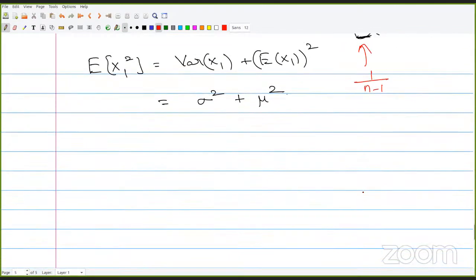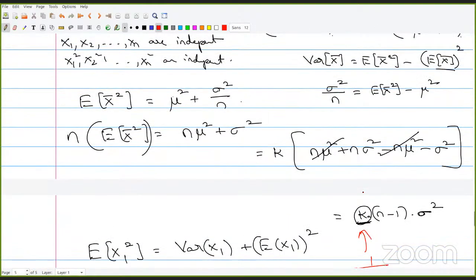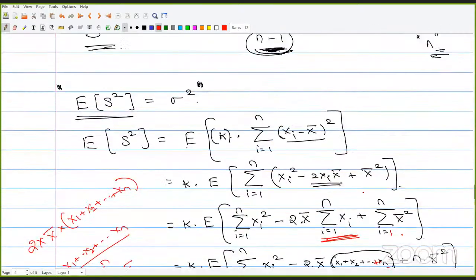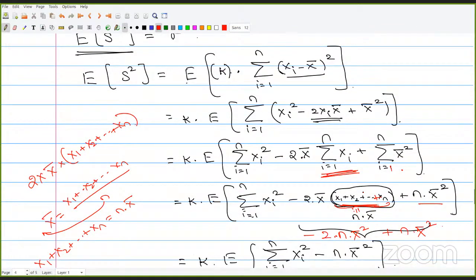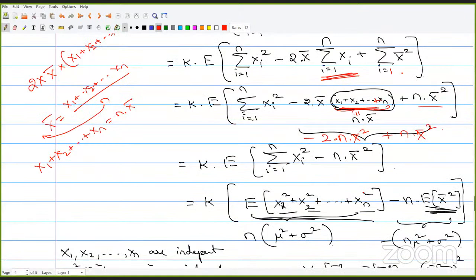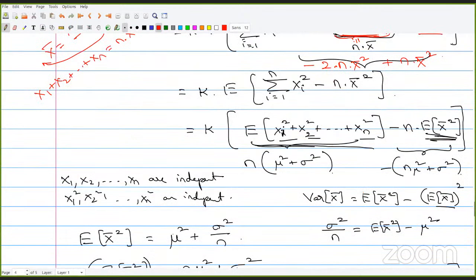One more doubt, sir. Actually, in that expression, sir, the top set, that E of x square, that is x1, x2, x3. This one, below one. Yeah, it is mu square plus sigma square. That I didn't understand, sir. Which one? This one, E of x1 square, x2 square. See, this particular thing actually uses the linearity of expectation.